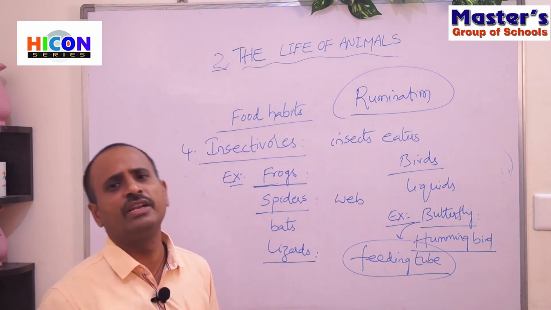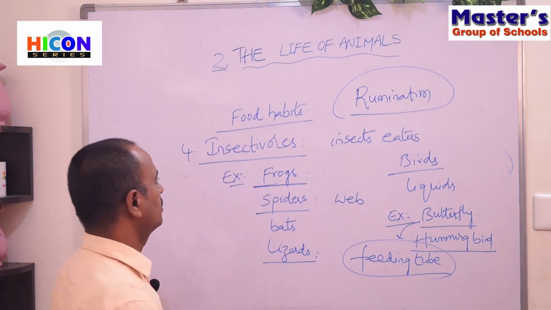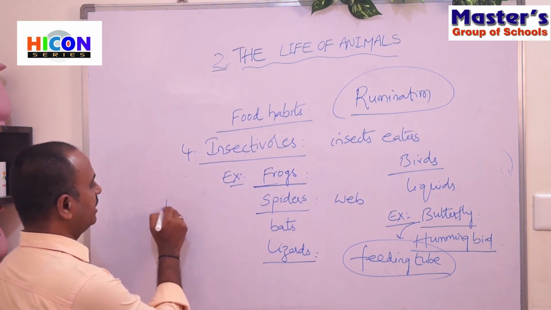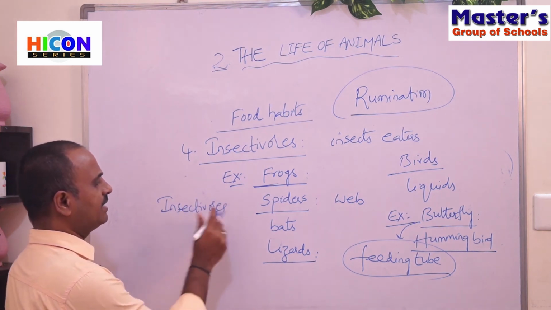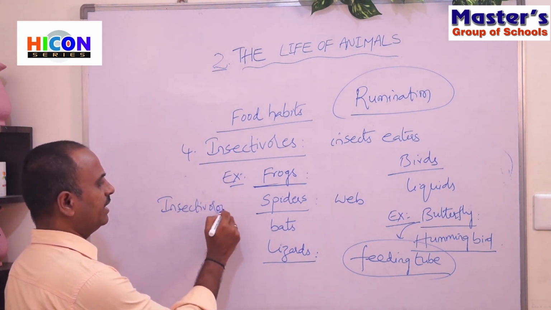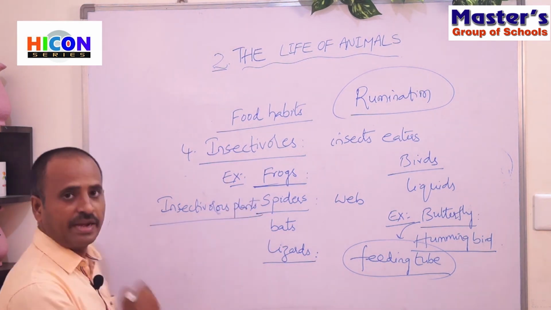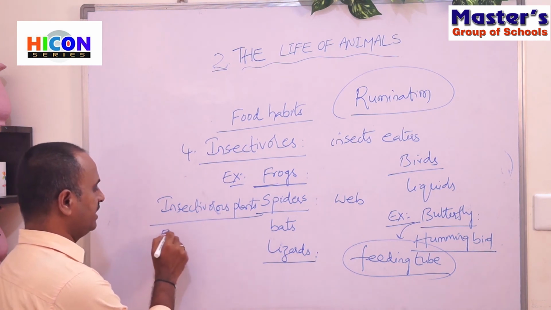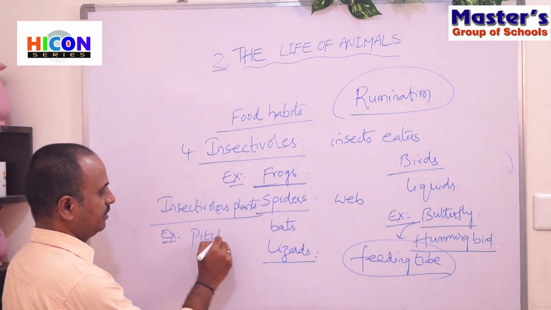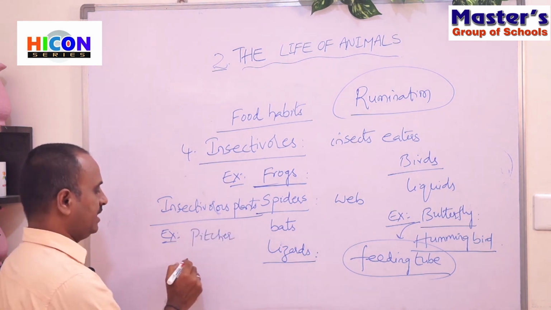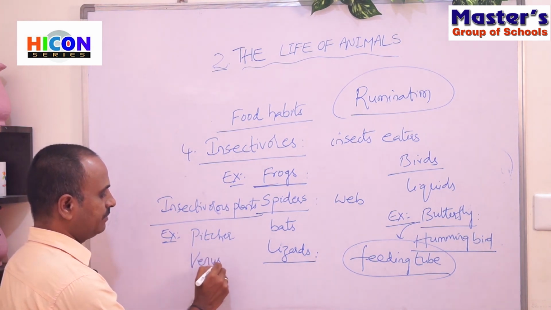In the same way, there are some plants which eat only insects. Those plants are called insectivorous plants. The examples for the insectivorous plants are pitcher plant and the second one is Venus flytrap.